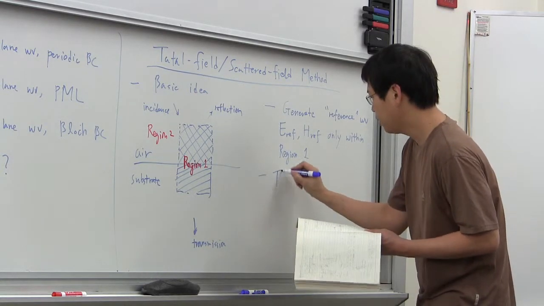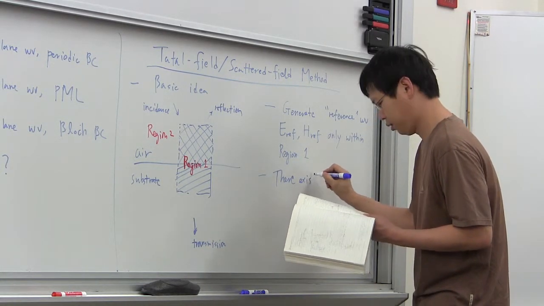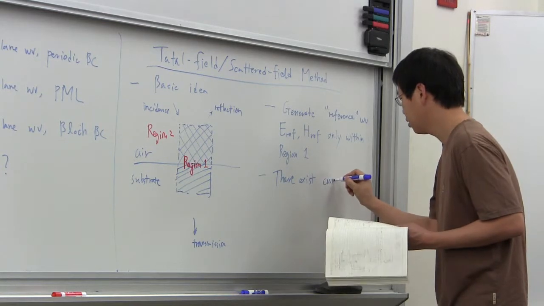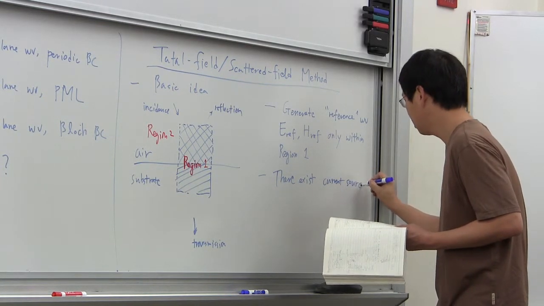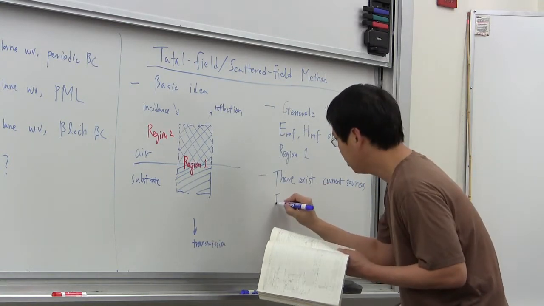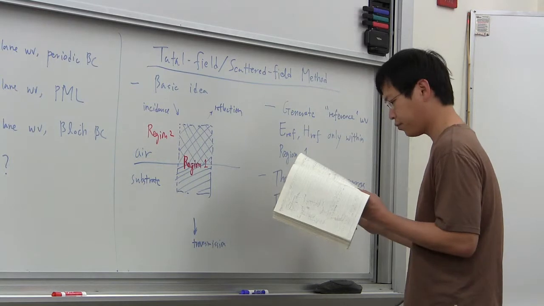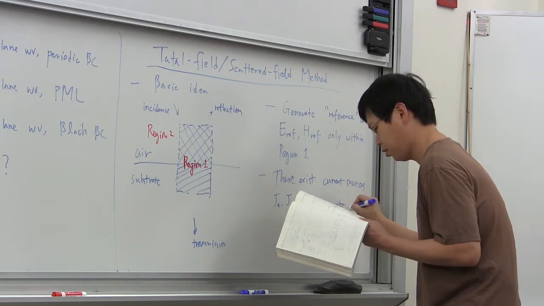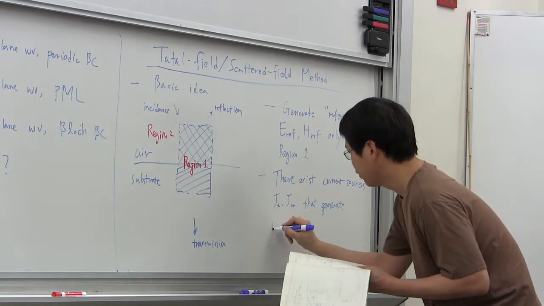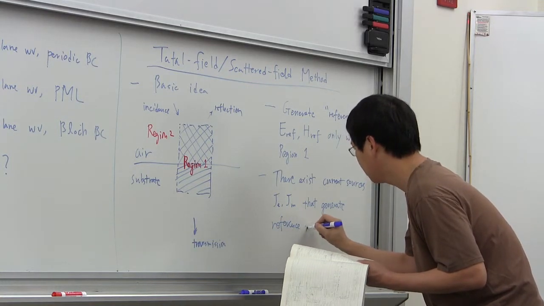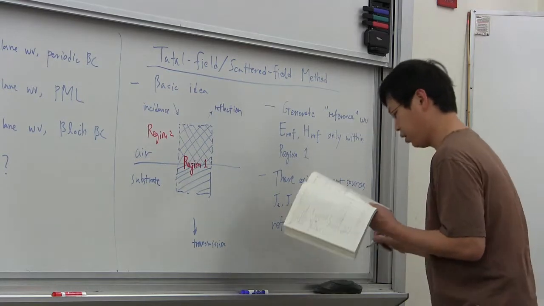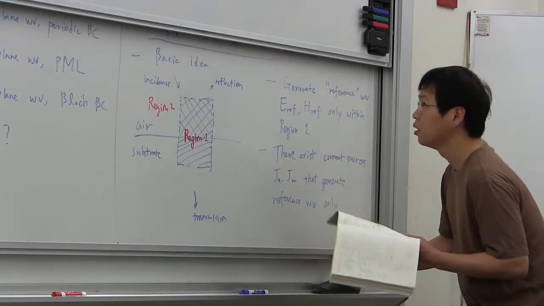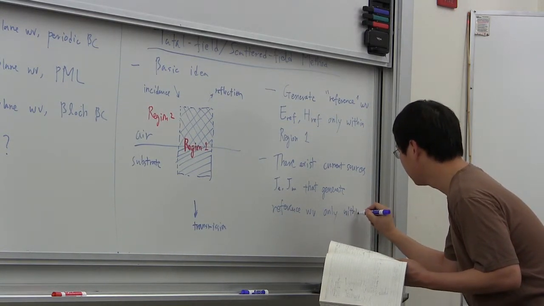So actually, there exist current sources, J_E and J_M, that generate the reference wave only within region 1.